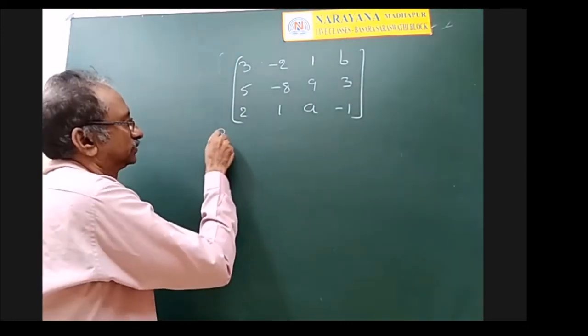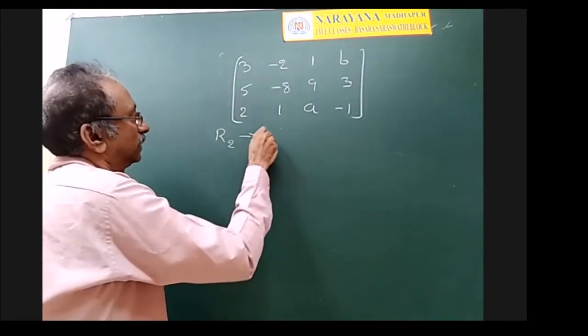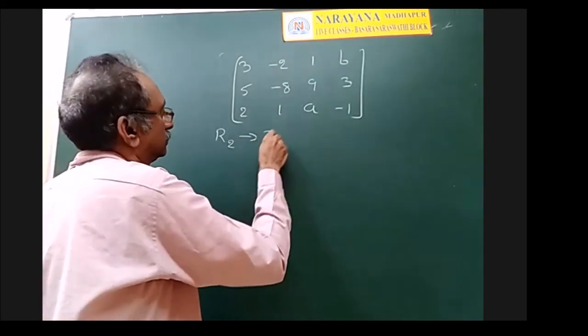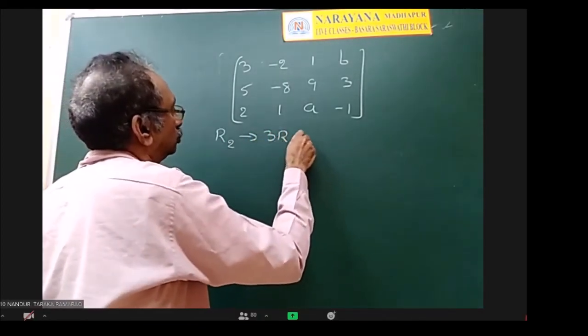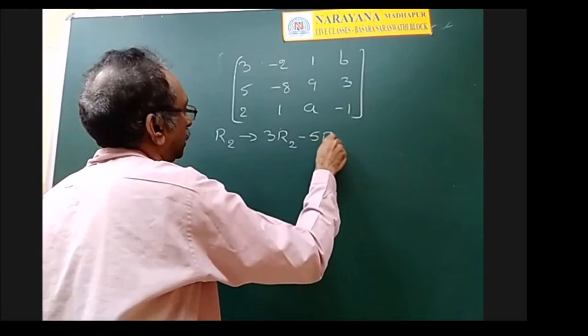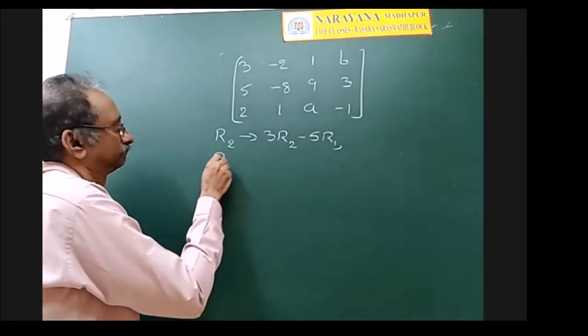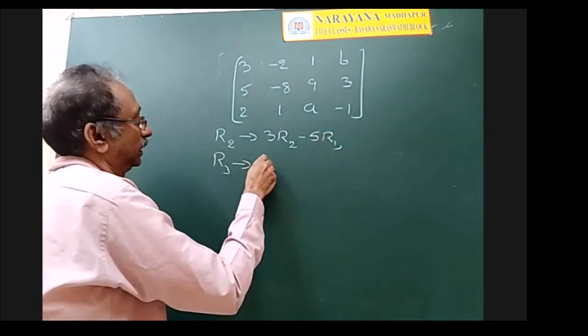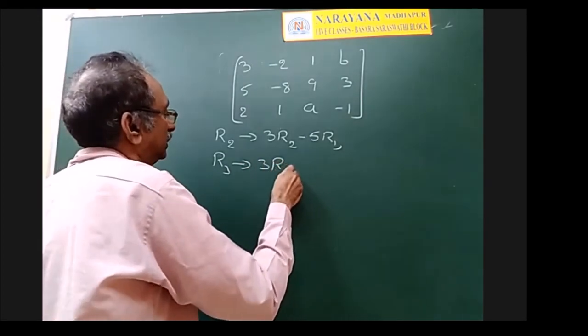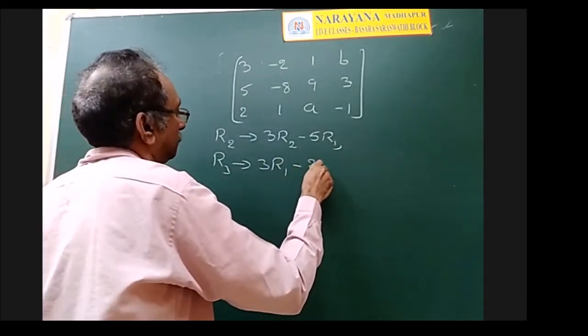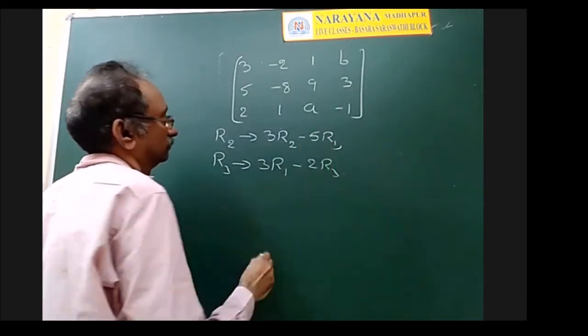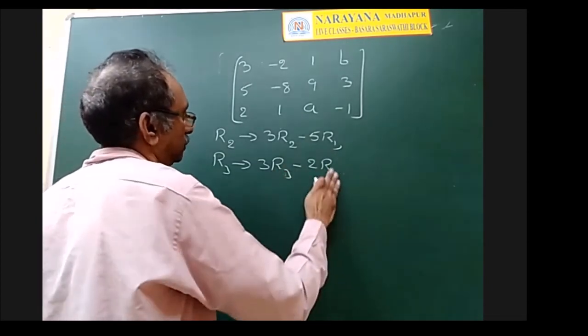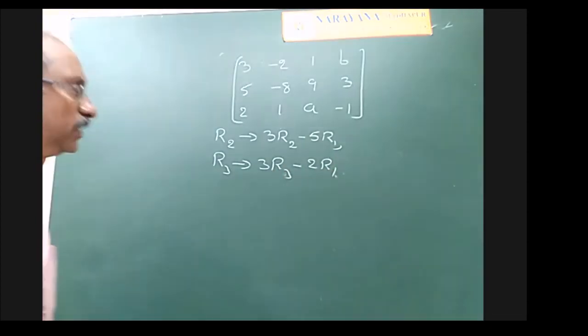That is R2 implies 3R2 minus 5R1. R3 implies 3R1 minus 2R3. So 3R3 minus 2R1.